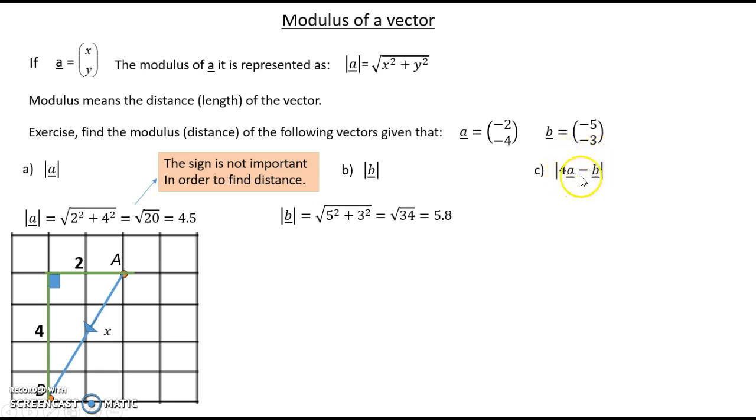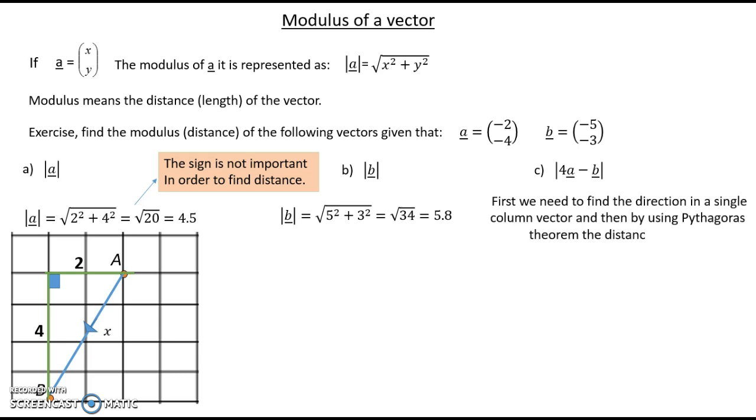Now for part C, where it is the absolute value of 4a minus b, first we need to find this as a single column vector, so find the direction of that vector and then use Pythagoras theorem to find the distance. So as before, we need to find what is 4a minus b, and 4a minus b means 4 times the vector a and subtract the direction of b.